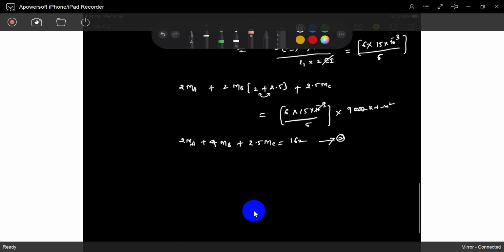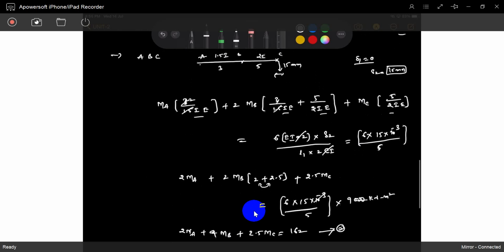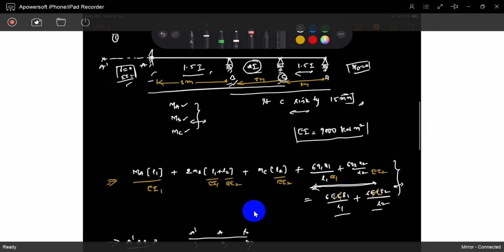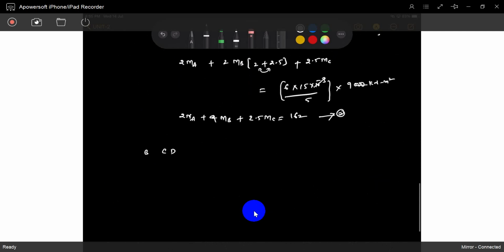Now we will go to the third span, BCD. We already know MD is 0 because it behaves as a hinge joint and will give 0 moment. So I will once again draw it for your clarification. This is BCD, MD is 0. This is 1.5I, this is 2I.